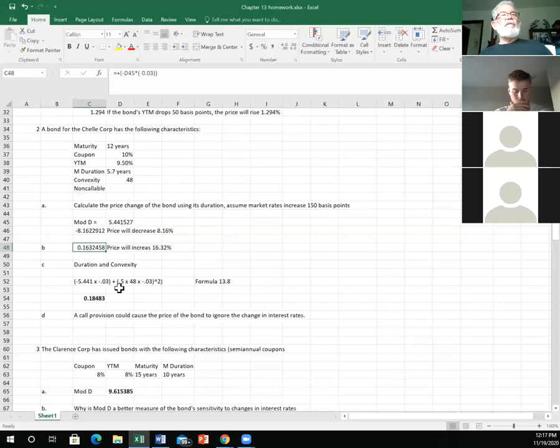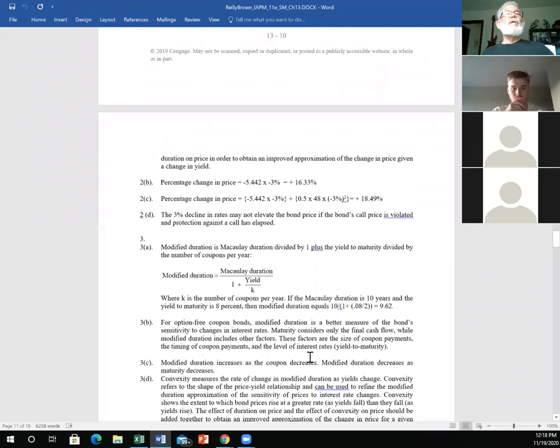So the only thing that's given in here is 0.5. This is the duration, this is the interest rate change, this is the convexity, this is the interest rate change, and this term is squared. And I got 18.48, and the answer was 18.49.